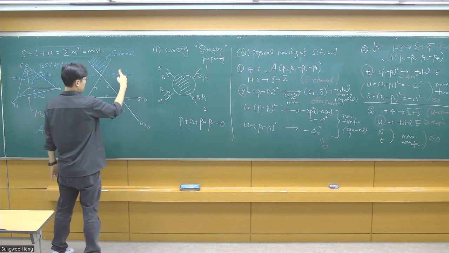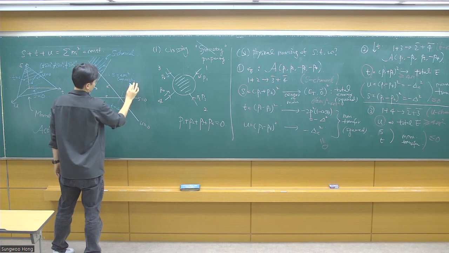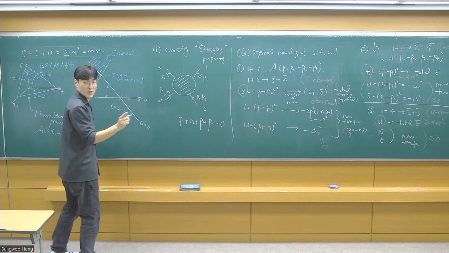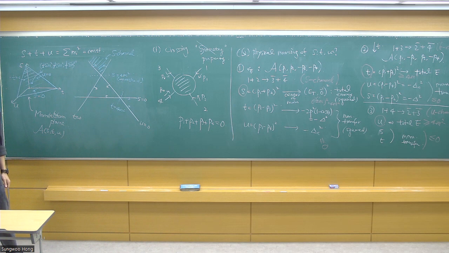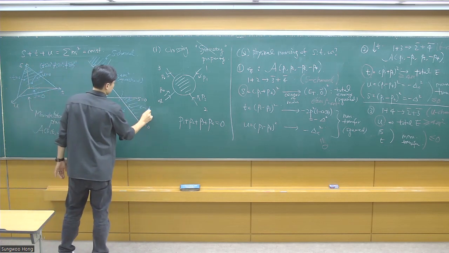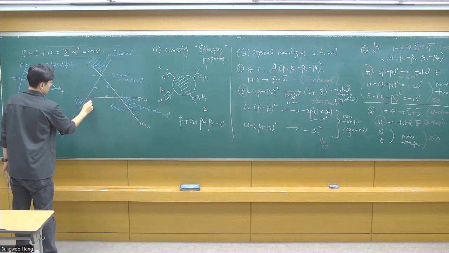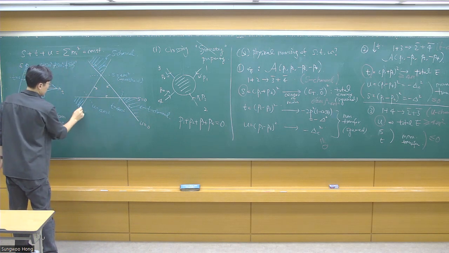We're going to call this special point a threshold. So this is the S threshold, the S channel threshold, and the T channel lives here. Now you can guess the U channel lives here, and this is the U threshold. This is where the U channel is.